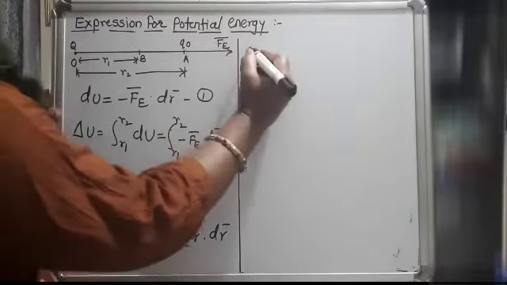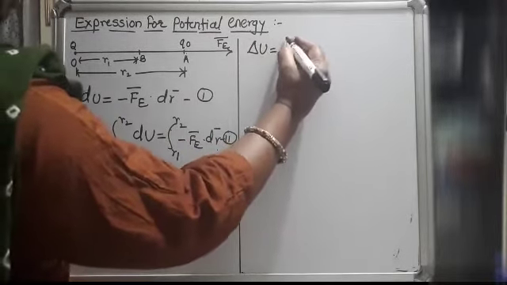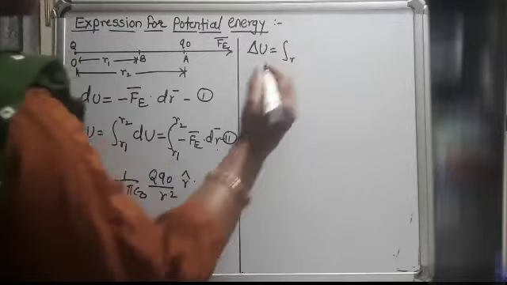For the system of two charges, the potential energy is directed from r1 to r2.